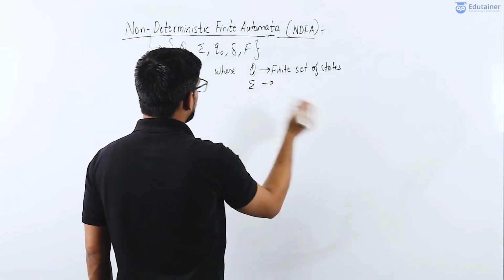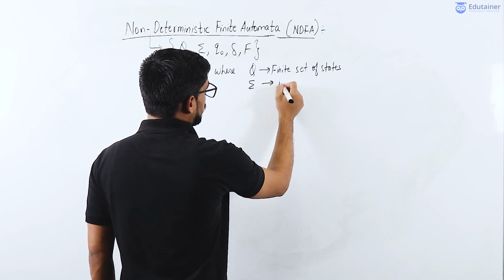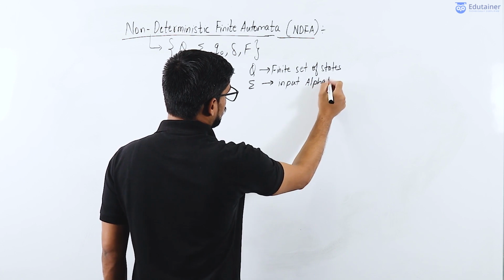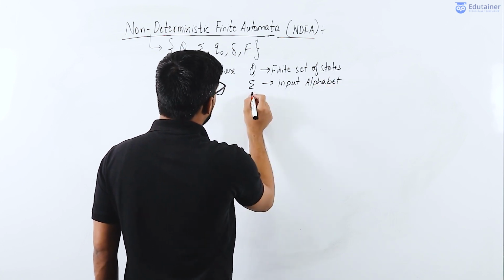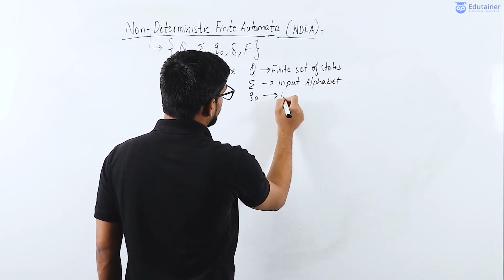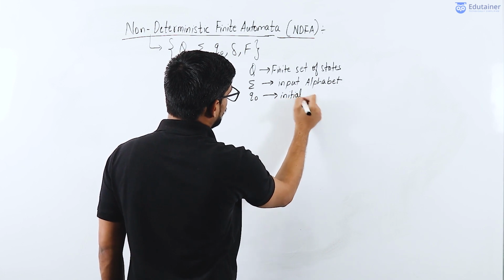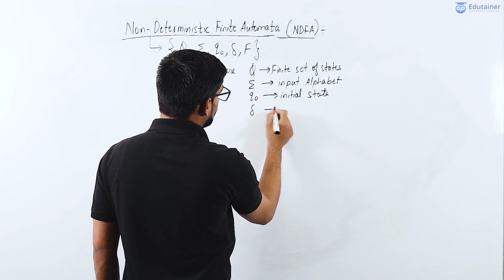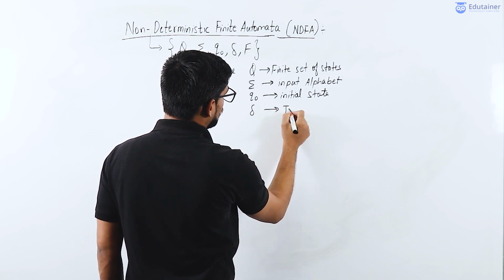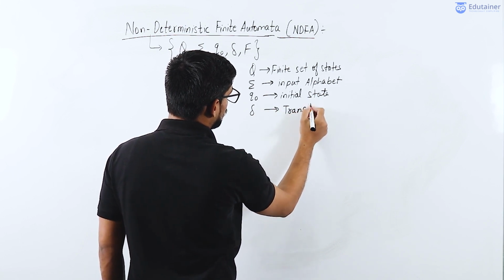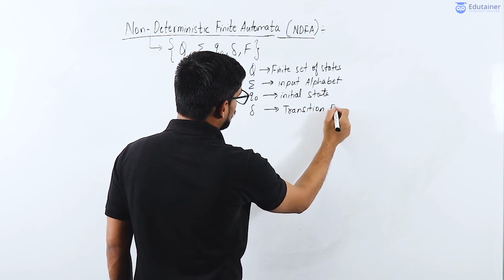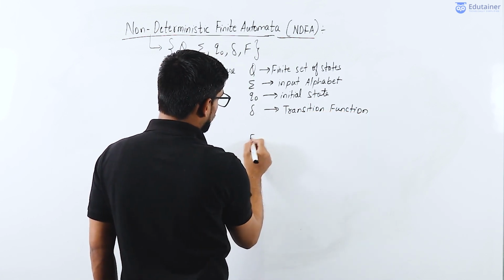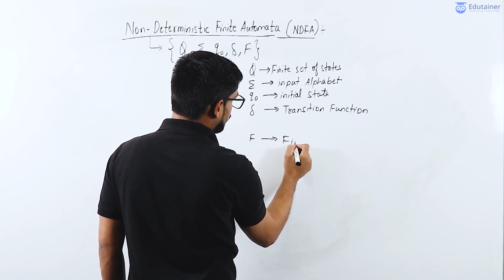Sigma is the input alphabet, Q naught is the initial state, delta is the transition function, and capital F is the final state.